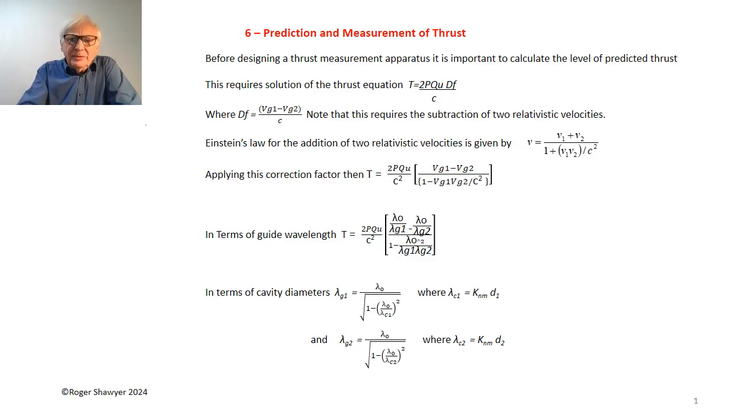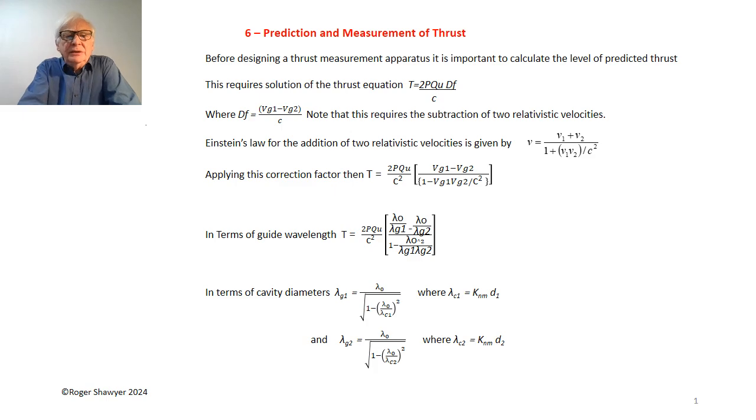And it's actually given by his equation, V equals (V1 plus V2) divided by (1 plus V1 V2 divided by c squared). So we can take this correction factor and apply it to the thrust equation, and we get the thrust equation you can see there.